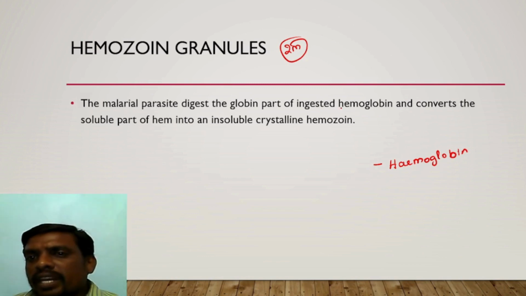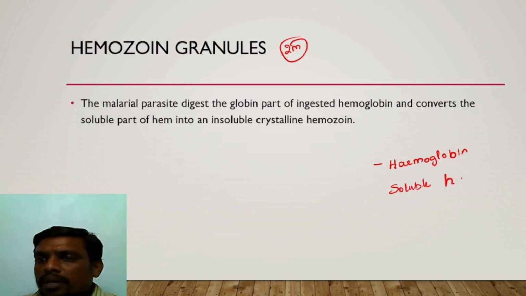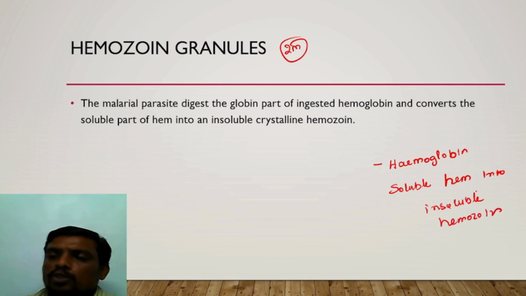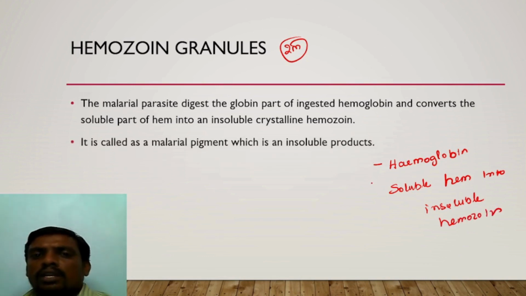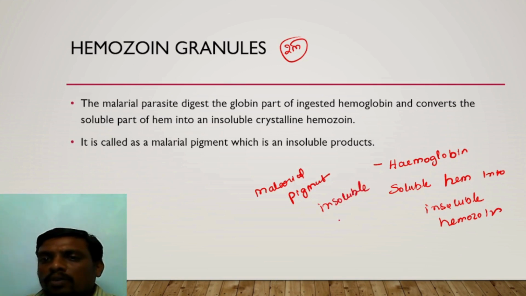The globin part of the ingested hemoglobin is digested and the soluble heme is converted into an insoluble crystalline hemozoin. This hemozoin is generally called the malarial pigment. This malarial pigment is an insoluble product in the human body.